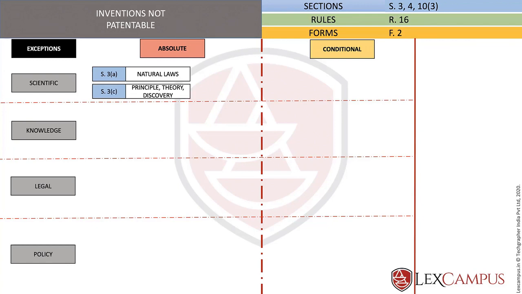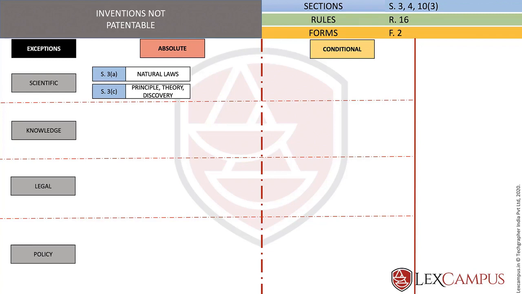Now, the other scientific thing that you will find in section 3 is section 3C. The mere discovery of a scientific principle or formulation of an abstract theory or discovery of any living or non-living substance occurring in nature is not patentable. So, discovery of things that are already there, there is no human intervention apart from the discovery itself.